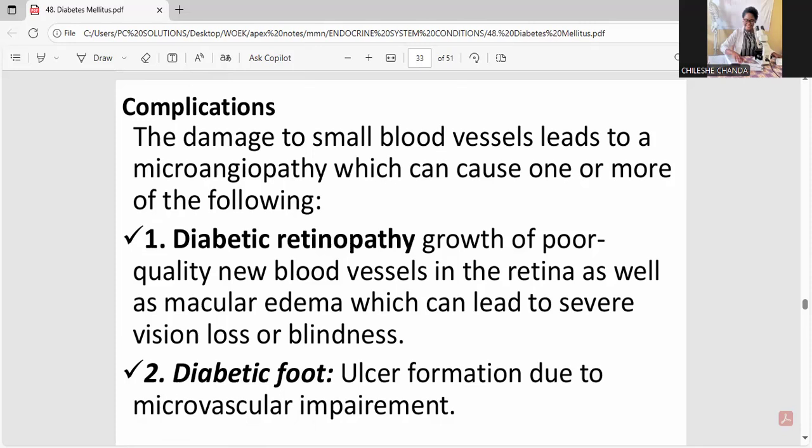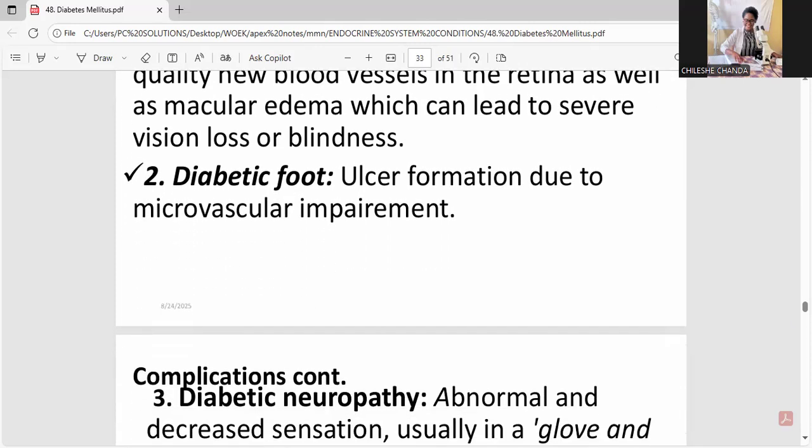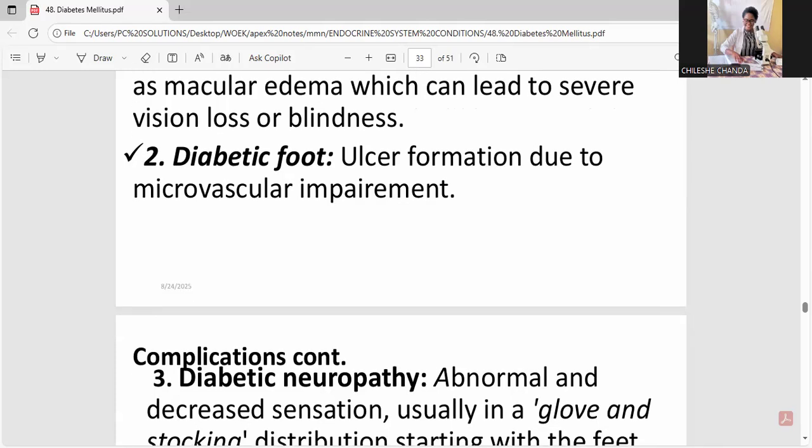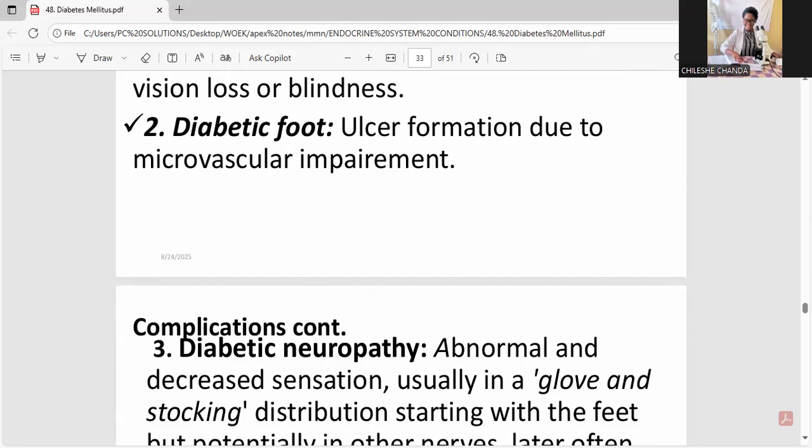So the first complication that may happen would be diabetic retinopathy, which is due to the growth of poor quality blood vessels in the retina. And this will lead to vision loss. The patient may end up being blind. The second complication could be diabetic foot. This is an ulcer which can happen.